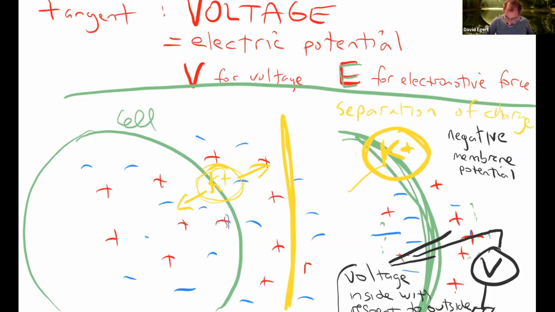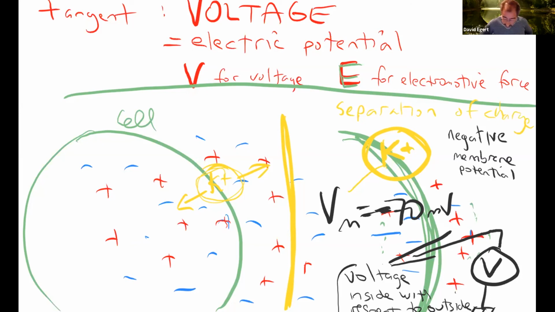So this is important. If I say my V sub m equals minus 70 millivolts, that would mean that the inside is more negative than the outside by a certain amount.